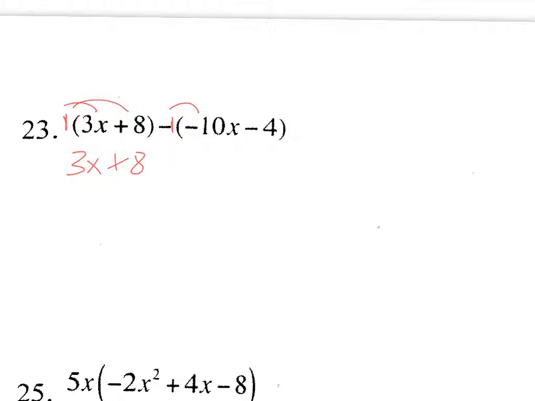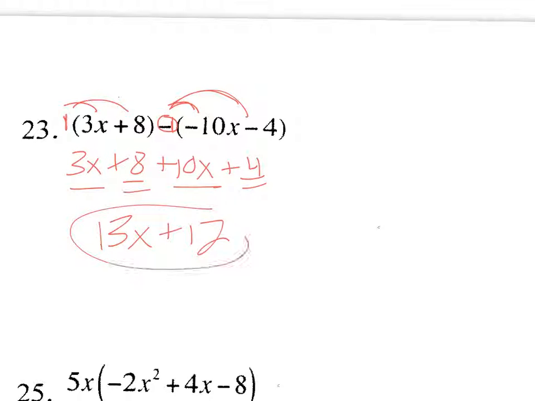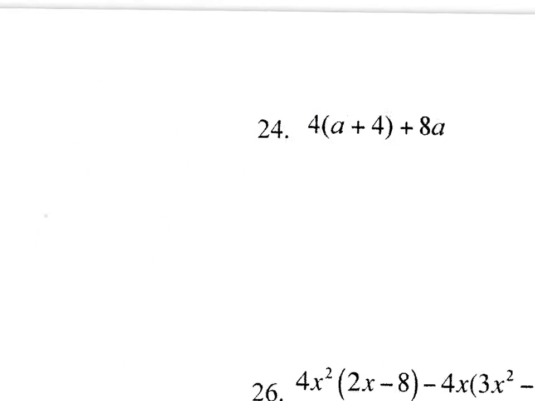Over here, though, this is going to become a positive 10x and a positive 4 because this negative sign applies to all things inside the term. Now I combine 3x and 10x. 8 and 4, 13x plus 12. Boom.